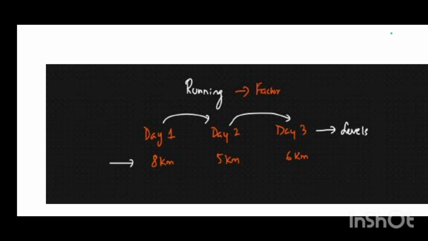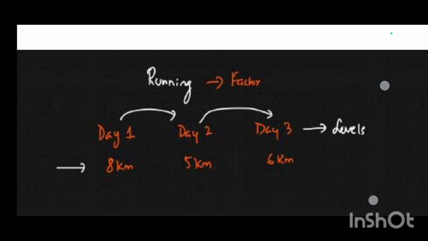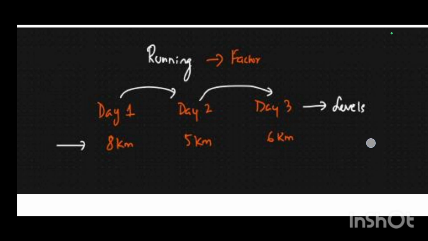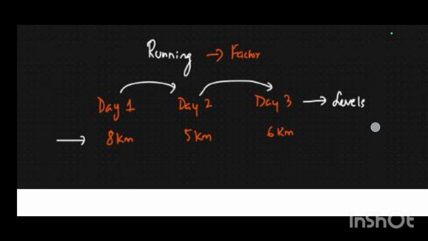Next, consider another example: how running is considered as a factor. So day 1, day 2 and day 3. If on day 1 you are running 8 kilometers, day 2 5 kilometers, day 3 6 kilometers, these are the levels.